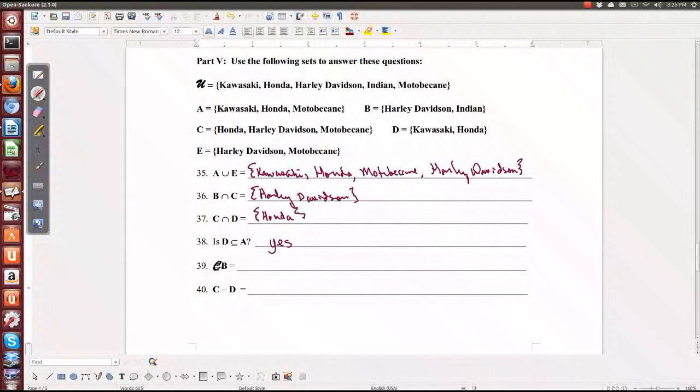On 39, I'm looking for the complement of B. A complement is a set that contains all elements not found in a given set. So what's missing from B? Well, Kawasaki is missing, as is Honda, as is Motobukan.